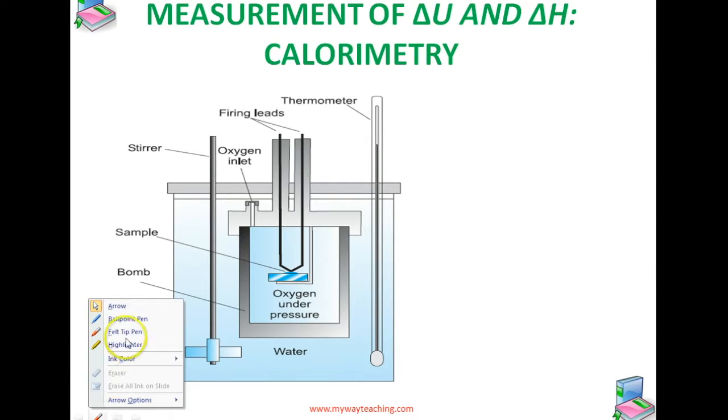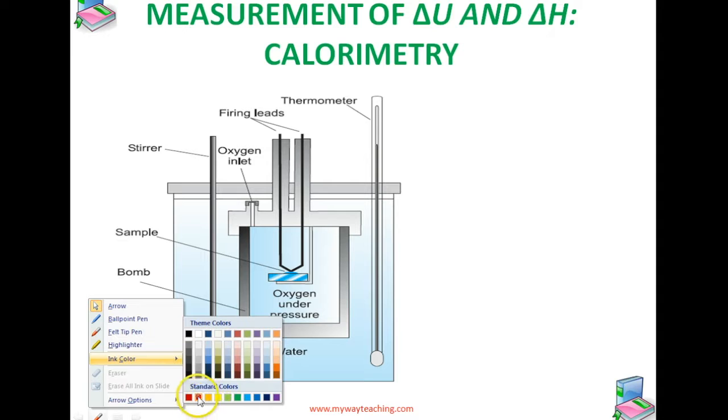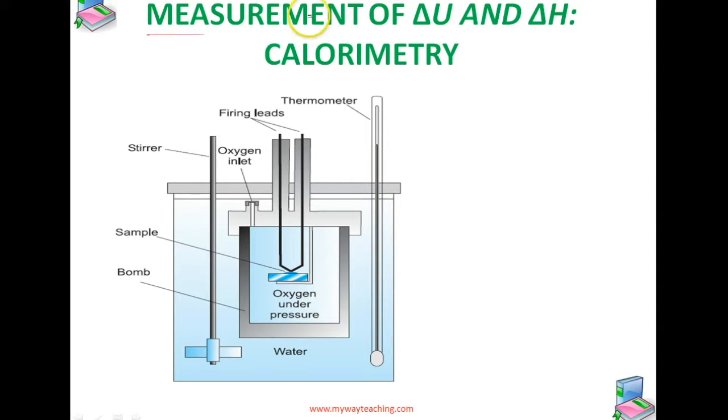This is the topic, measurement of delta U and delta H. By using an experimental technique called calorimetry, we can measure energy changes associated with chemical or physical processes.